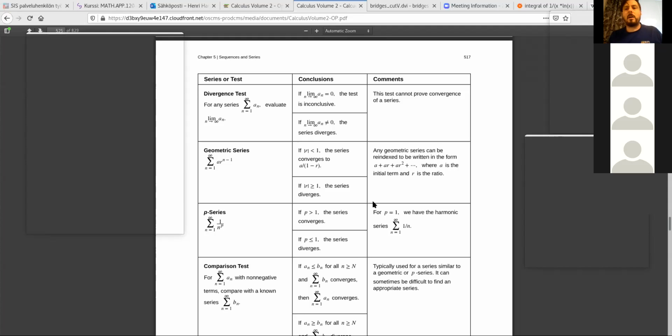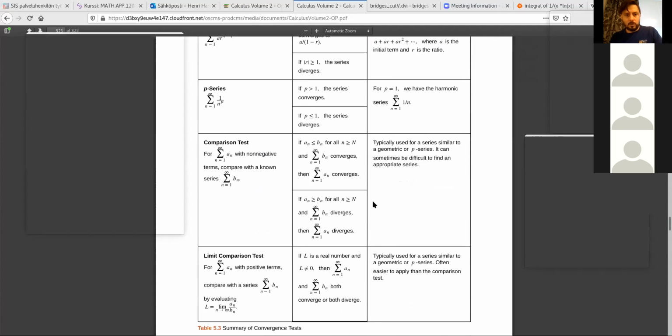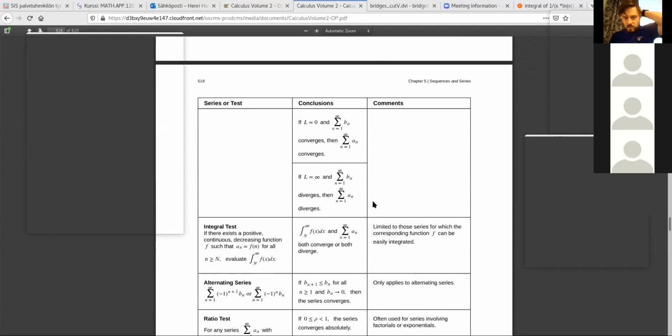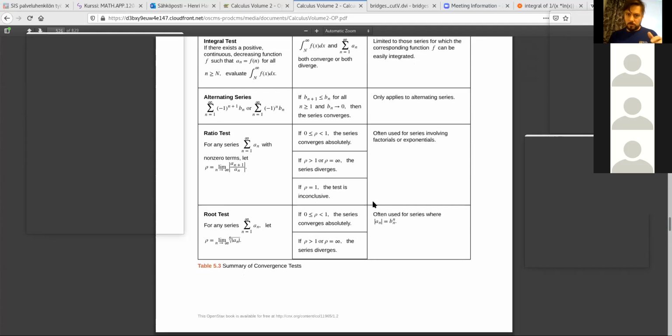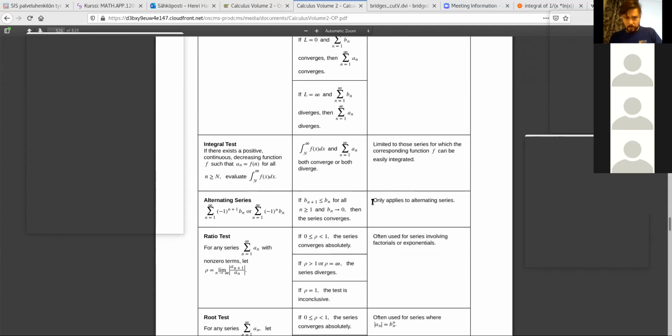You don't have to learn this by heart, because when you're doing the exam, you can consult this sheet. But focus on trying to understand why they work. I tried to give you an idea of why each of these tests works.